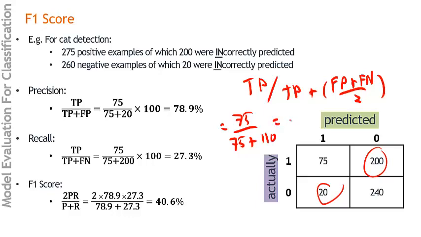And you can work out that this also gives me 0.405, which converts to 40.6%. So you can do the F1 score either way.